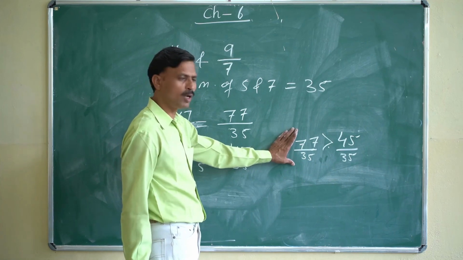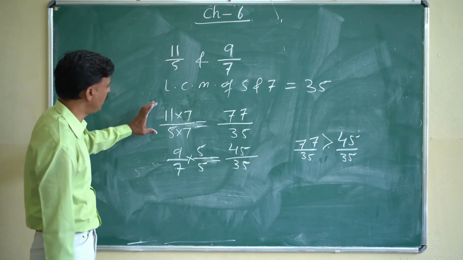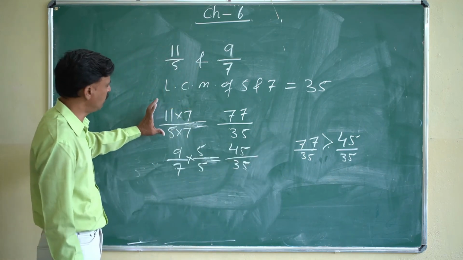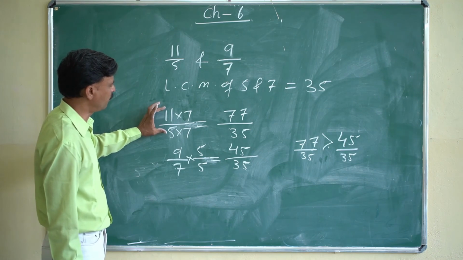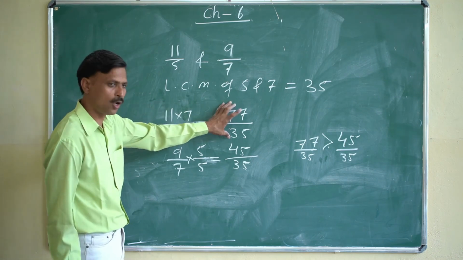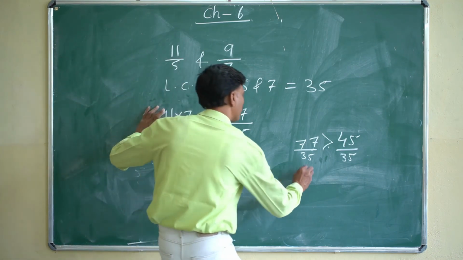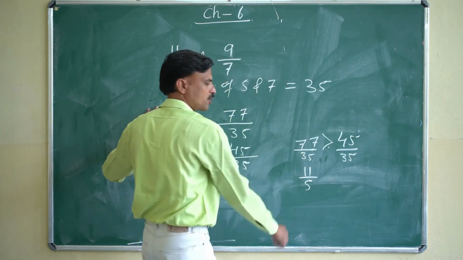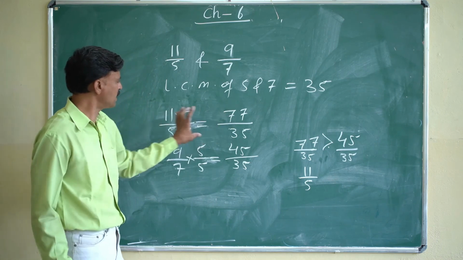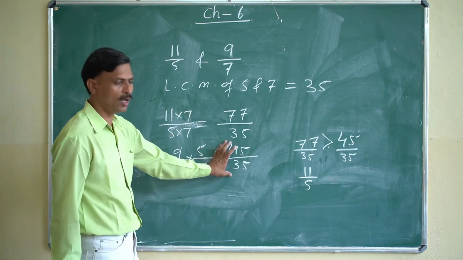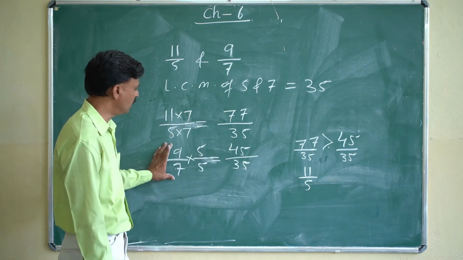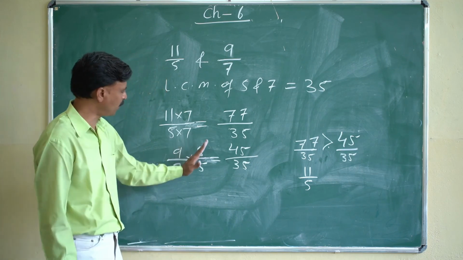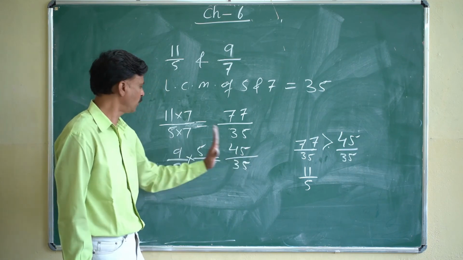And 77 upon 35 is the like fraction, the converted fraction or equivalent fraction of 11 upon 5. 77 upon 35 is the equivalent fraction of 11 by 5, and this 45 upon 35 is the equivalent of 9 by 7, because we have multiplied by 5, then only you got it.